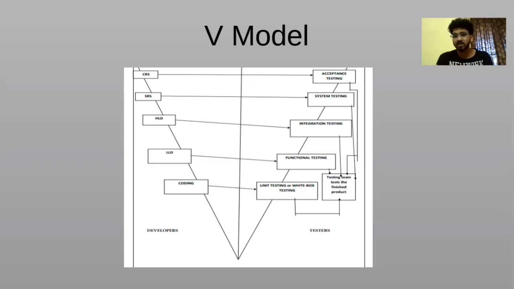Basically the V model, we can say, is a VV model, which means verification and validation model.